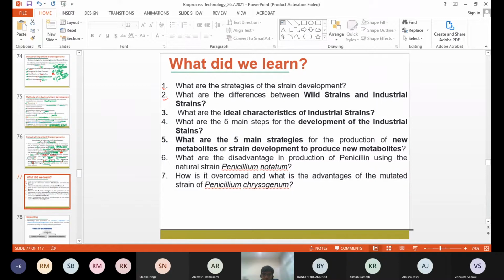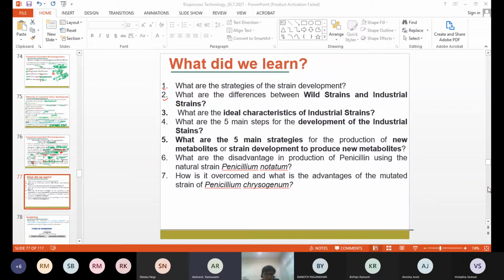Okay, good. So anyone else? Next, what are the ideal characteristics of the industrial strains? Can anyone tell at least 5 characteristics or something? Animesh, yes, can you tell some of the characteristics?